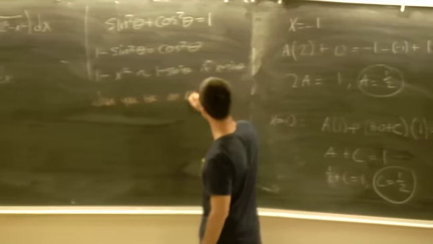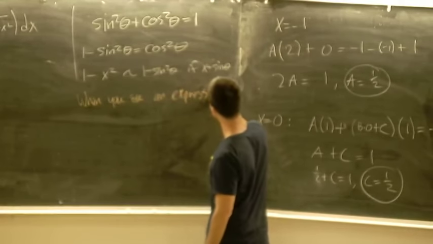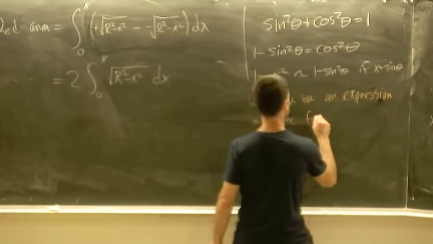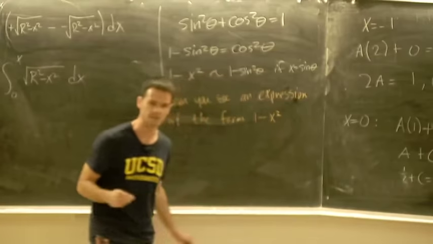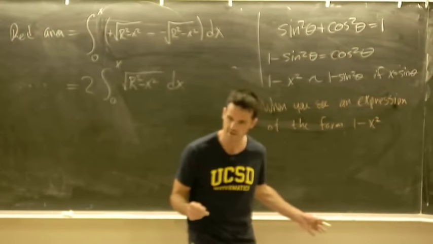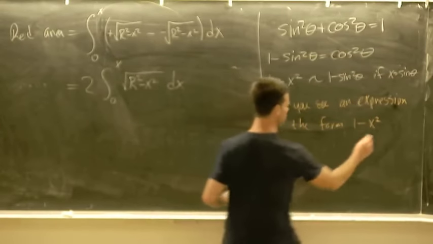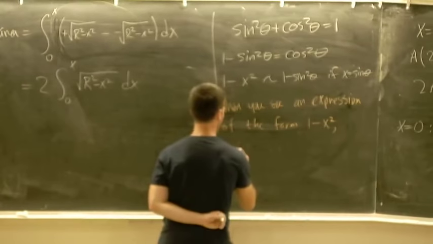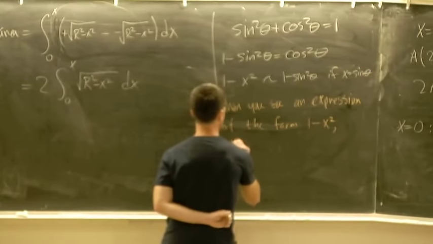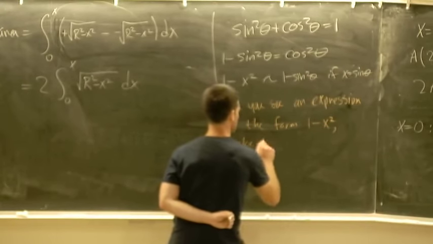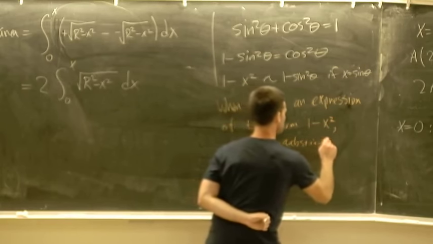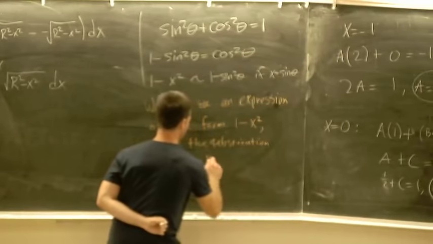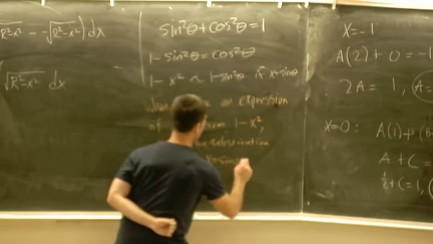When you see an expression of the form 1 minus x squared as part of the integrand that you're having trouble integrating, I want you to make the substitution that x is equal to sine theta.